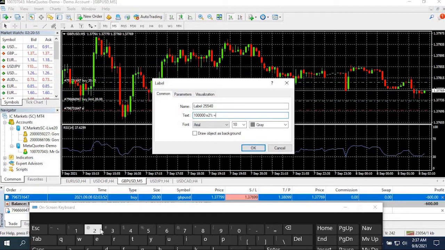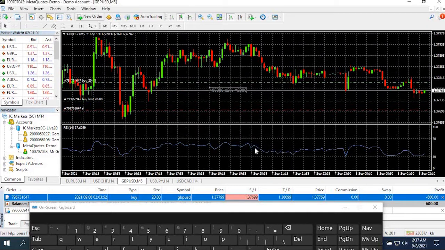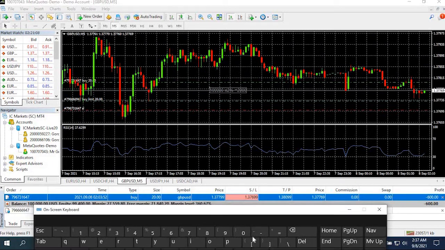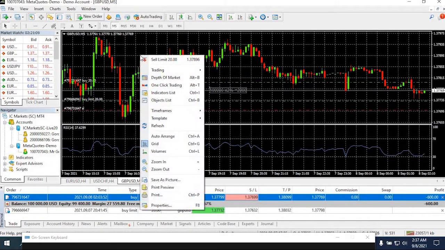Equal 2,000. Right, so I'm going to make a sell trade now, right? So let's see if I can.